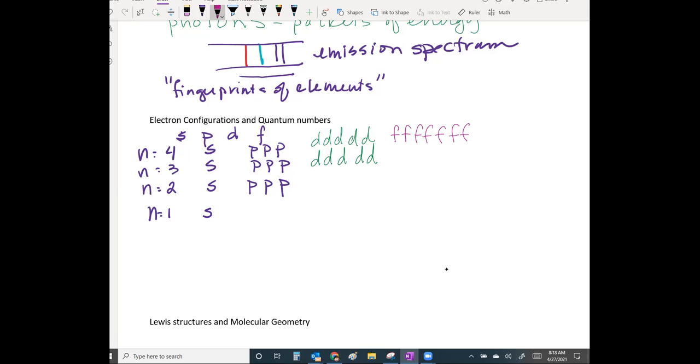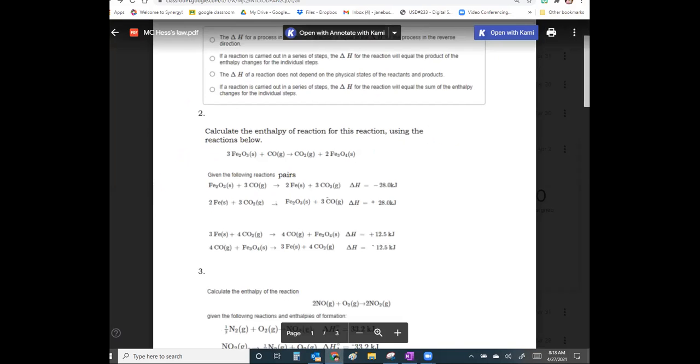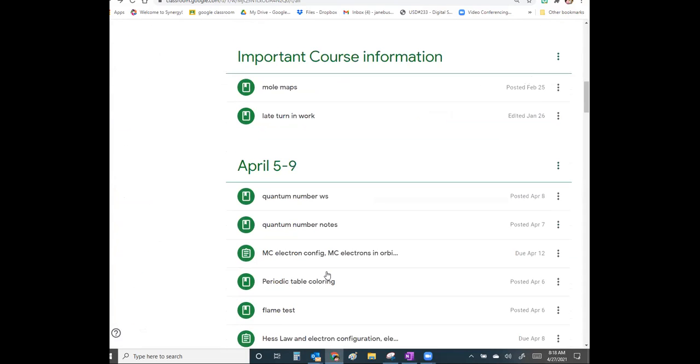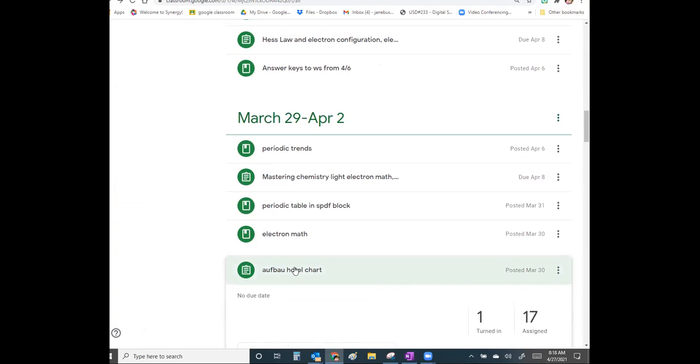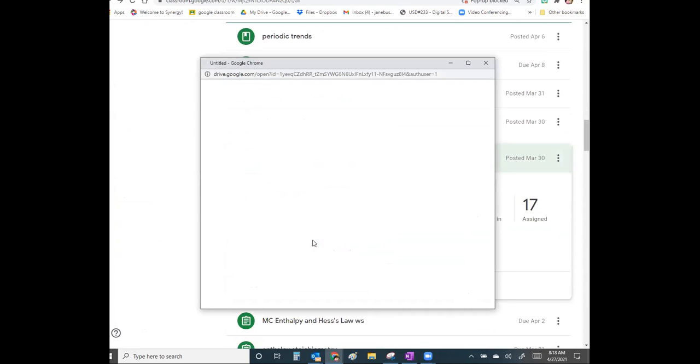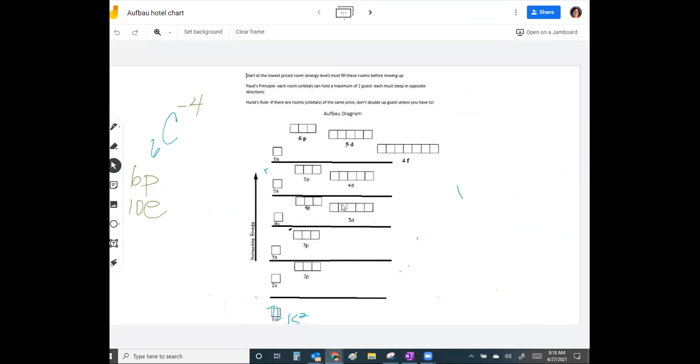Okay, and when we fill electron orbitals, you can use this graphic, the Aufbau Hotel chart, and it's on a Jamboard so that you can write on it. You can use this graphic to fill the orbitals, and you have to follow these rules.